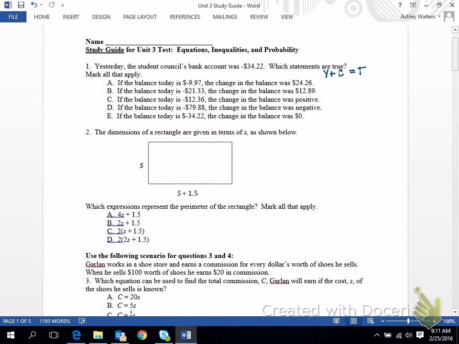So in A, yesterday the bank account balance was negative $34.22. It says that the change in the balance was positive $24.26. So if you take negative $34.22 and you add $24.26 to it, you're going to come up with today's account balance.